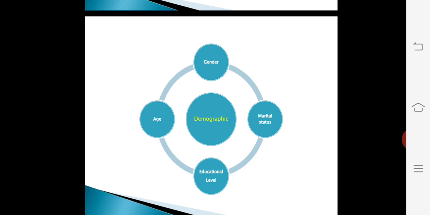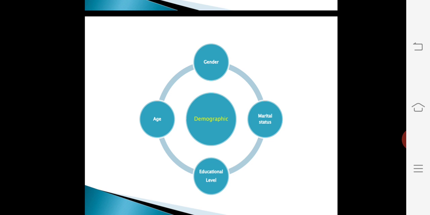So keeping that in view, companies segment the market based on the marital status of people. A furniture making company may produce a comfortable easy chair for a bachelor, or a sofa set for a married couple. So based on marital status, the market is segmented.